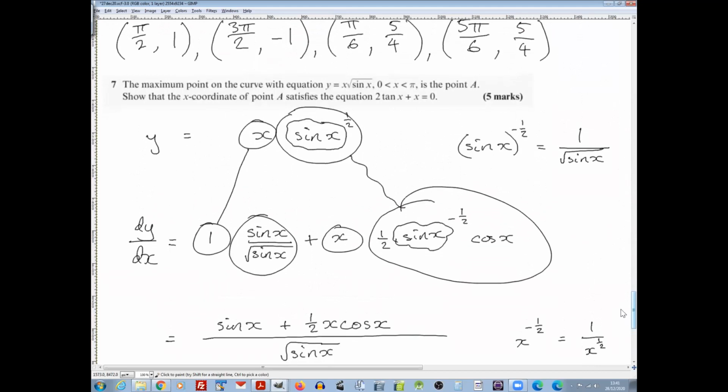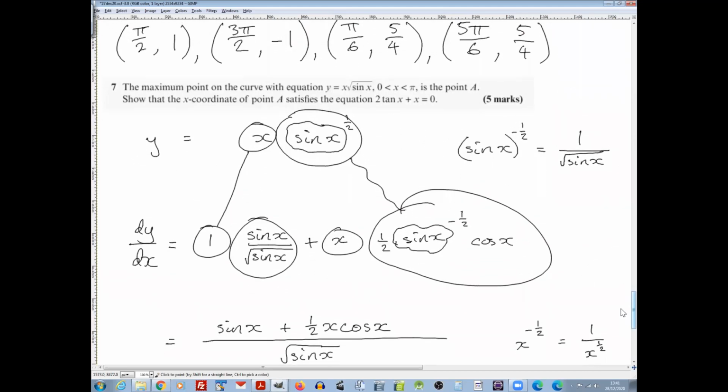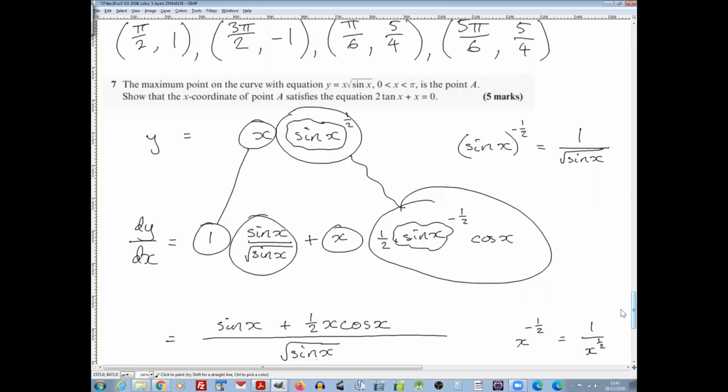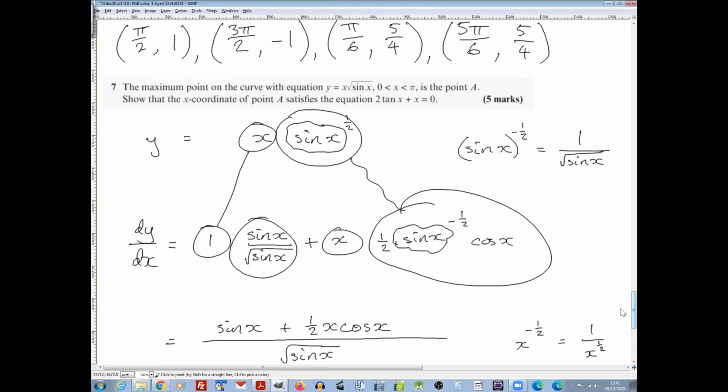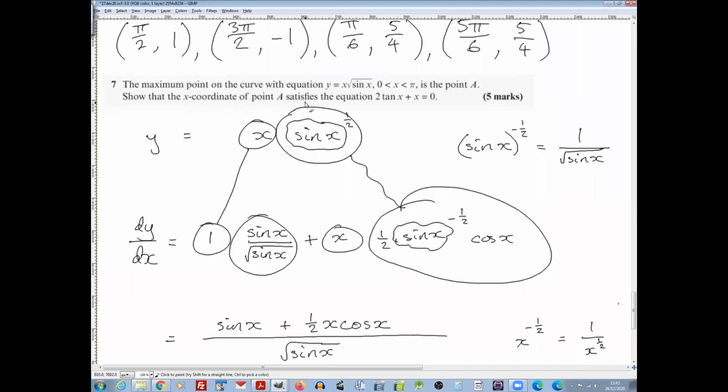So they want to find the maximum point, which is a kind of turning point. Okay, so a maximum point is a turning point of one kind or another. And how do we distinguish between the two kinds of turning point?